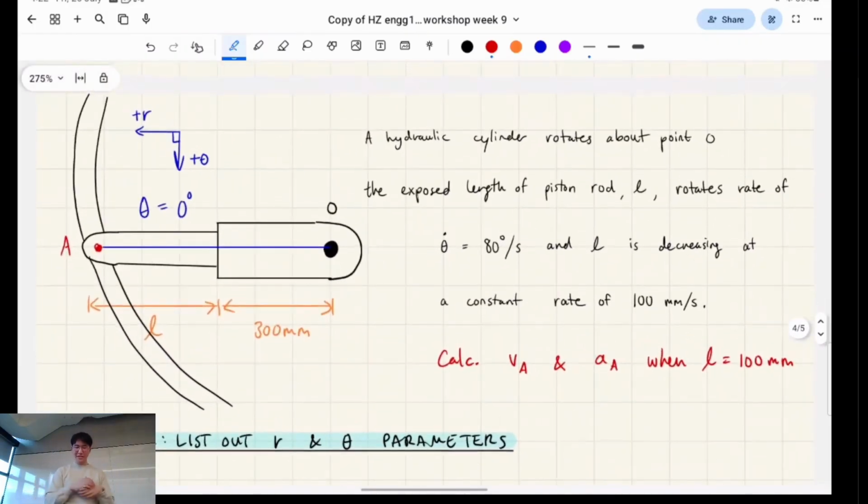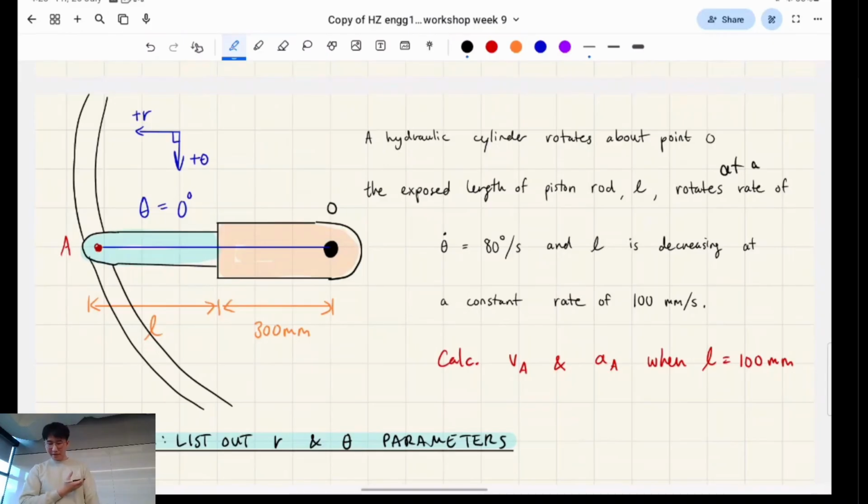Okay, so here's a question. A hydraulic cylinder rotates about point O. The exposed length of the piston rod is L. So you have to use your imagination a little bit here. Here's the exposed piston length, and here's the rest of the hydraulic arm with a set length of 300 mm. It rotates at a rate where the change in angle is 80 degrees per second, and L is decreasing at a constant rate of 100 mm per second.